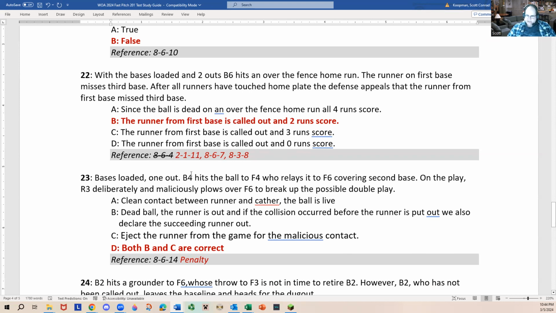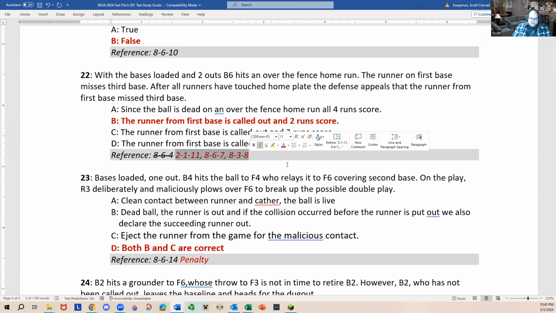Why is that? Well, first of all, when you take a look at these rules, you will find that when somebody misses a base, if the base that they missed was a result of being forced forward, then on appeal, that out doesn't allow any other runs to score.